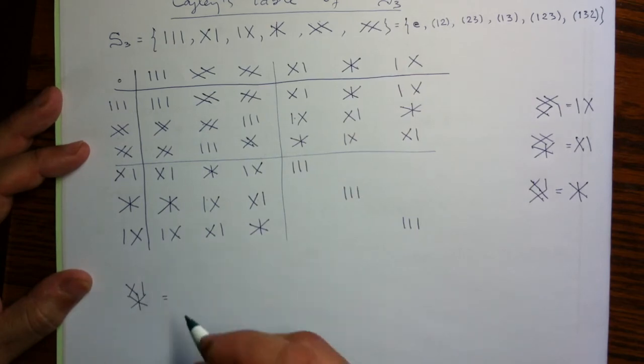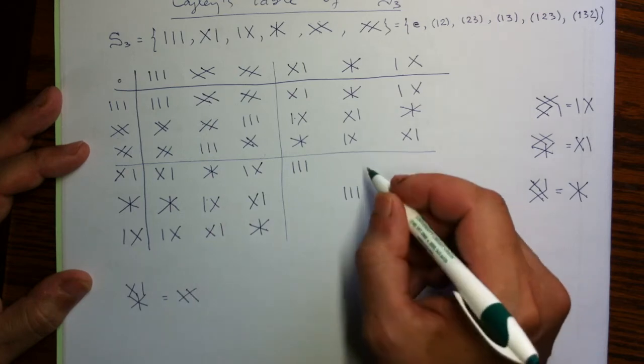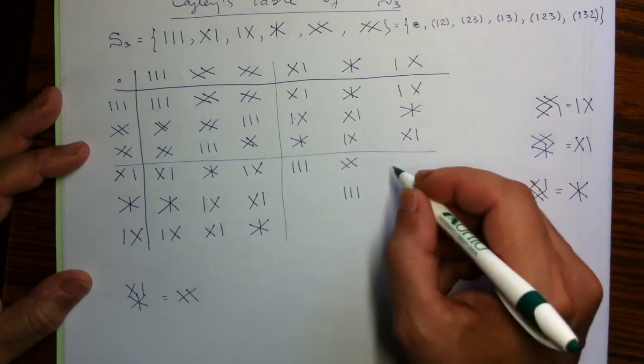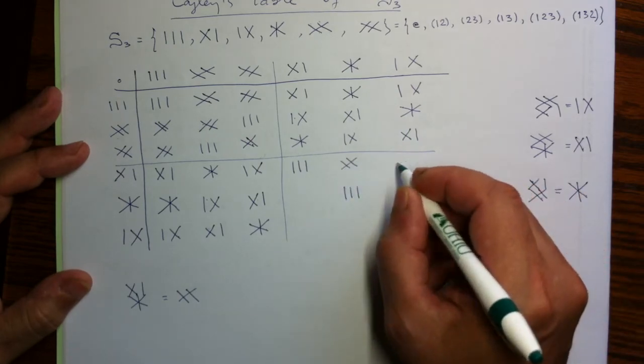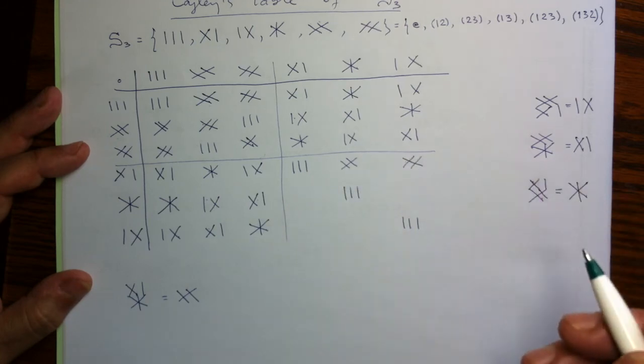So this moves 1 into 2, 2 into 3, 3 back to 1. I have this 3 cycle. And the rest I can guess now, so this will be the 3 cycle which I haven't used yet, so that will be this 3 cycle.